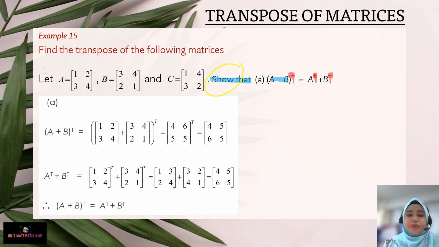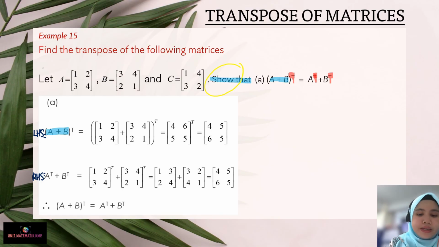When we want to show, we start with the left hand side, and we also find the right hand side. Your left hand side is (A plus B) transpose.